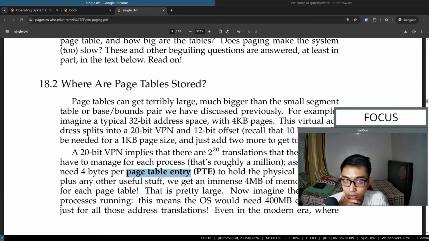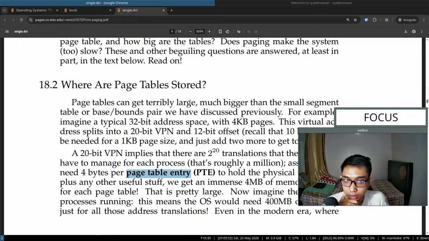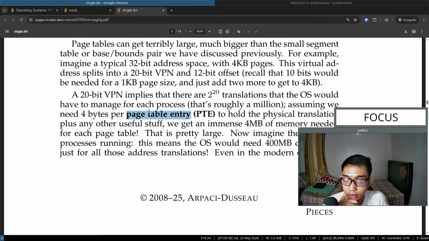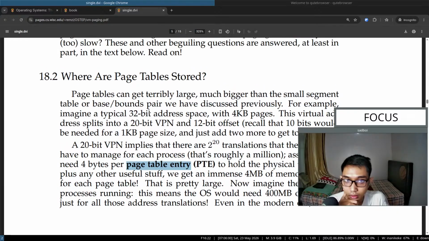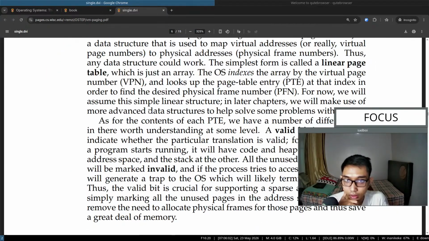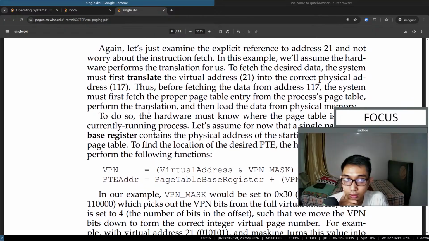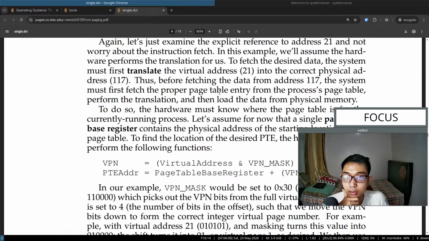Okay. So maybe this is the item in the page table. Something like that. Okay.